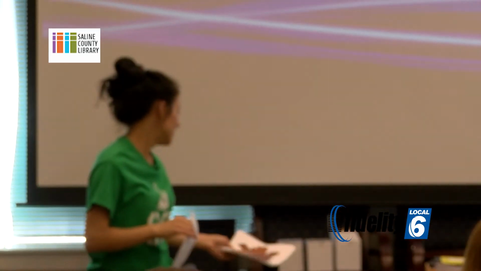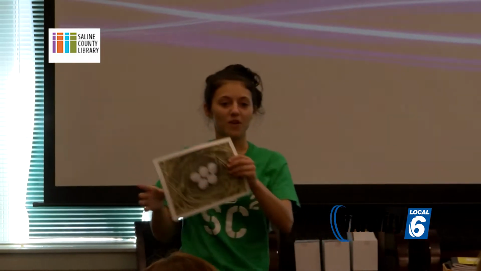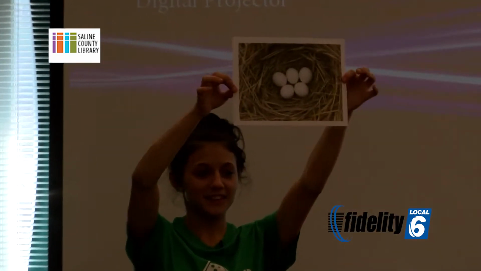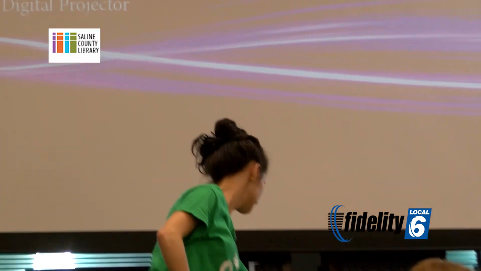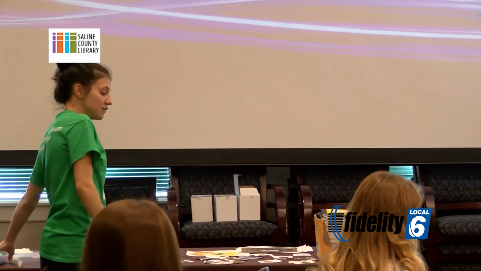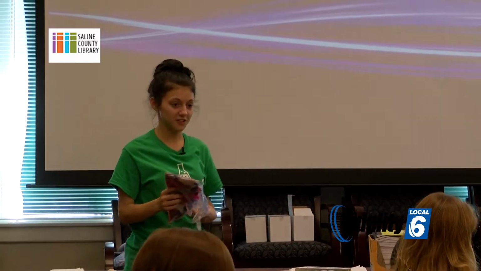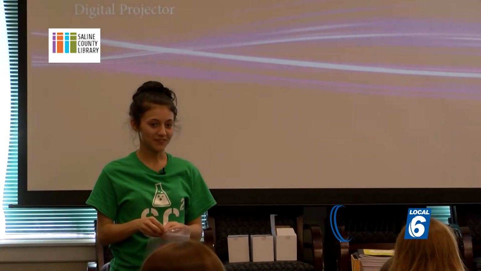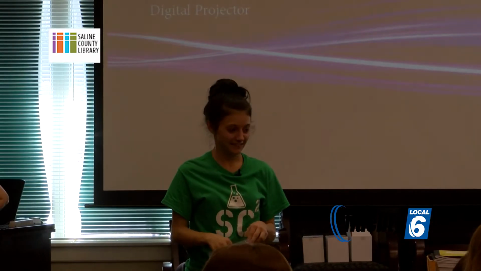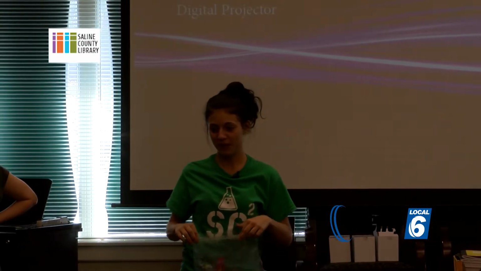And I have one more picture. What about this one? Birds. Very good, because birds lay eggs. And then, of course, in your bag, you should have feathers, too. Do you know where the feathers go? Bird. Very good. You can glue your feathers onto the bird box.